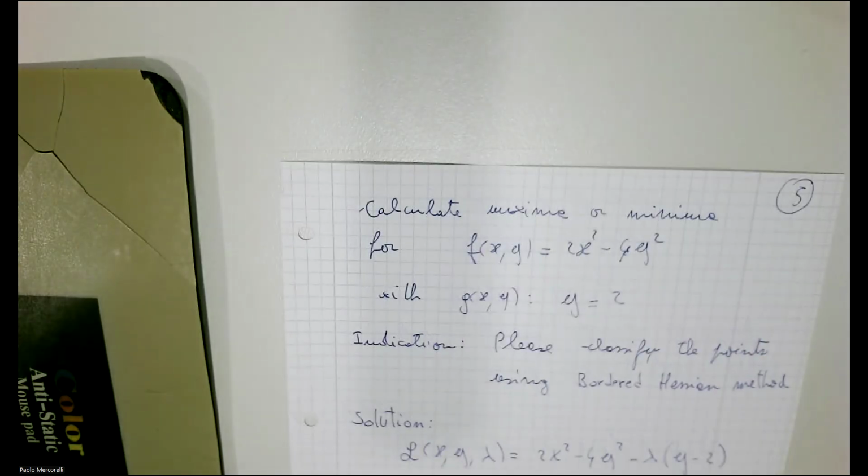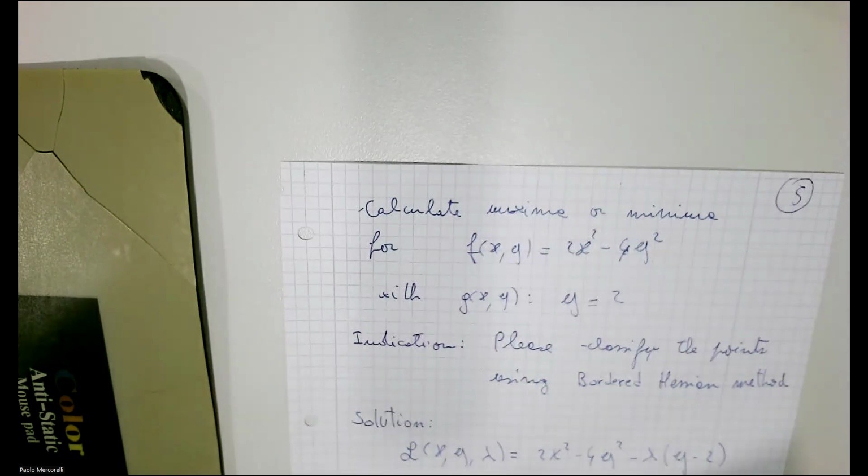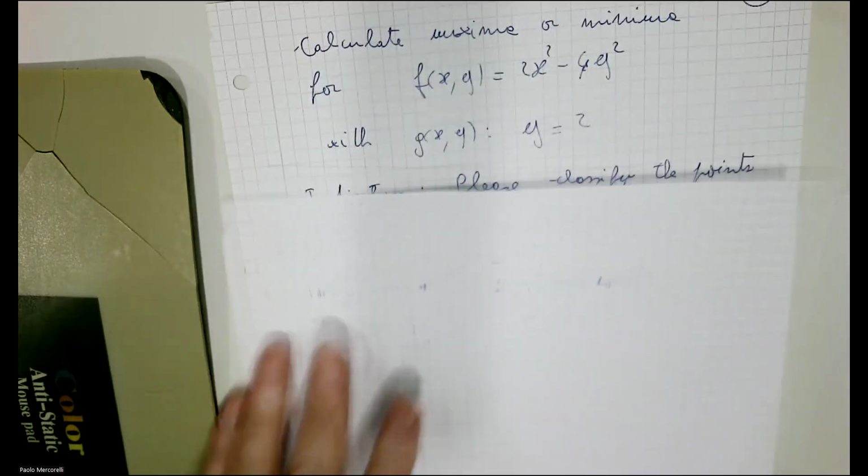Please pay attention. Lagrange could be a problem. I know, because probably you didn't do it in the math, but with the help of the memorandum, we will see this.